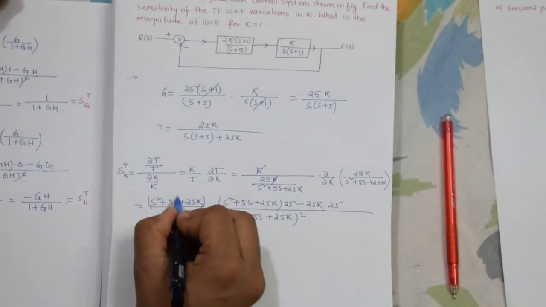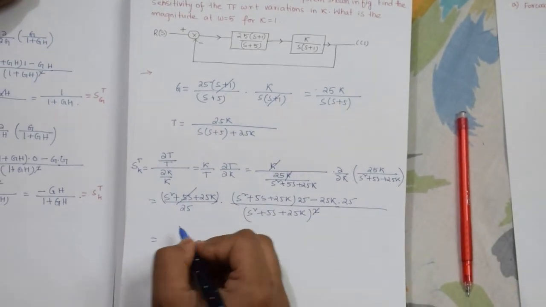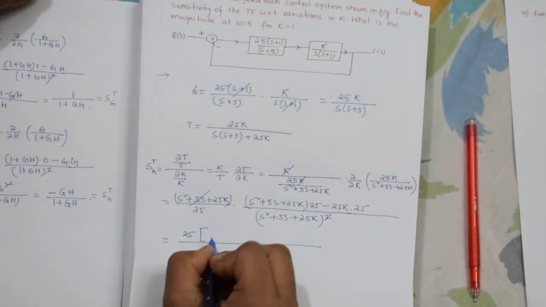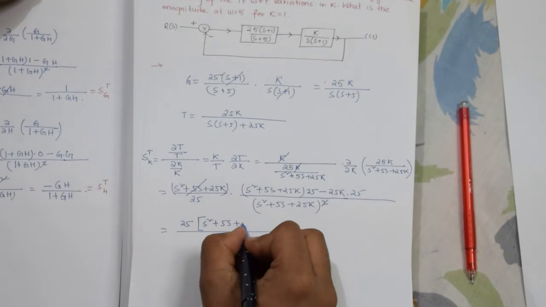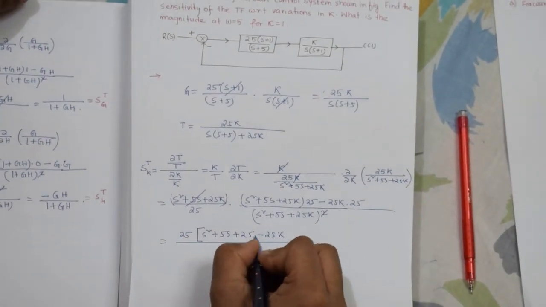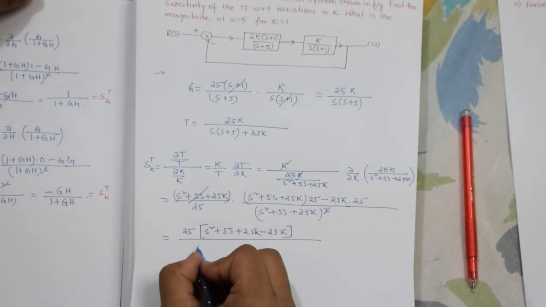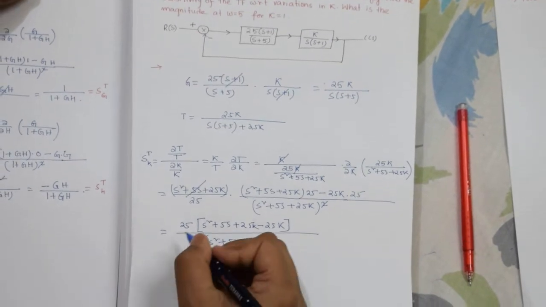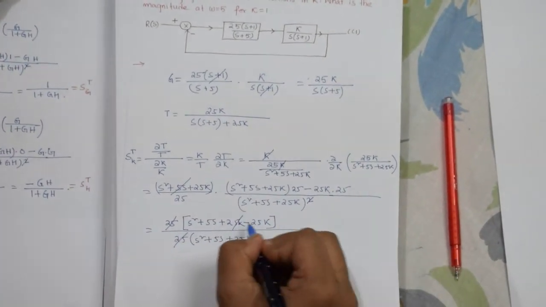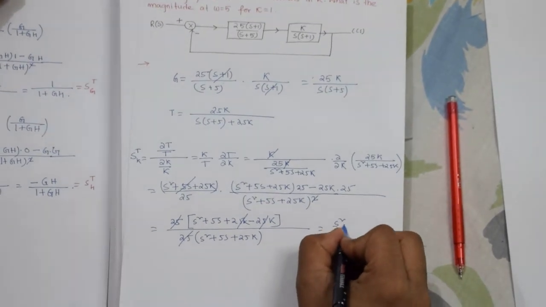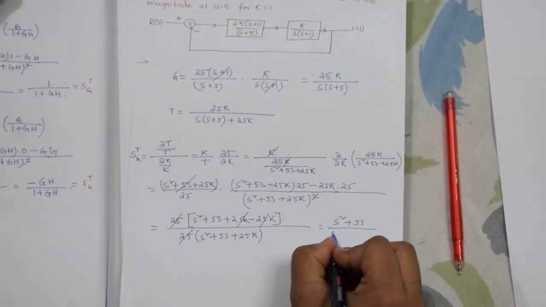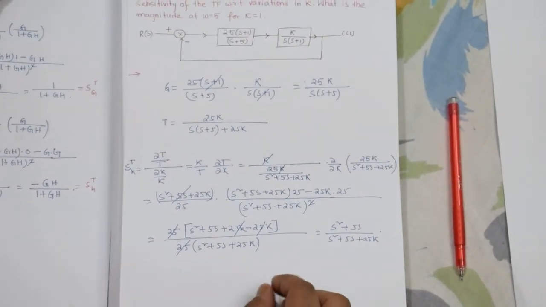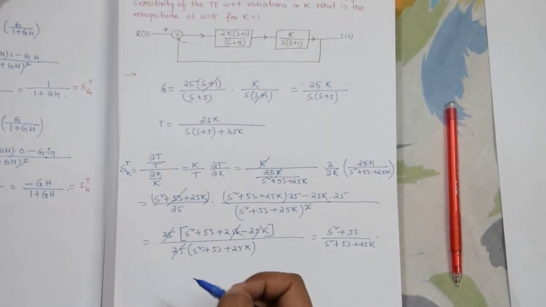So we can cancel these terms to this one, and from the numerator we can take 25 as common, so it will be s square plus 5s plus 25k minus 25k, and in the denominator it is 25 into s square plus 5s plus 25k. If we cancel these terms and these also get cancelled, we will get s square plus 5s by s square plus 5s plus 25k. This is our required sensitivity of transfer function with respect to k.